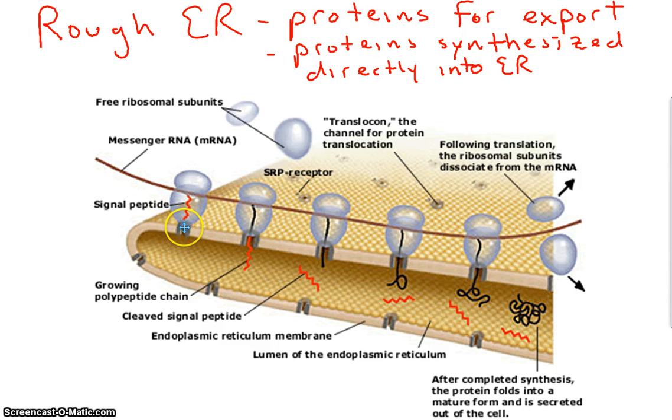But these ribosomes attach, they're going to read the mRNA from the nucleus, and as they synthesize the protein, they are putting it right into the space in the ER. So this black thing that looks like thread is the new polypeptide or protein, and it's being processed directly into the ER so that it can be packaged and shipped out of the cell. So there's what rough ER looks like.